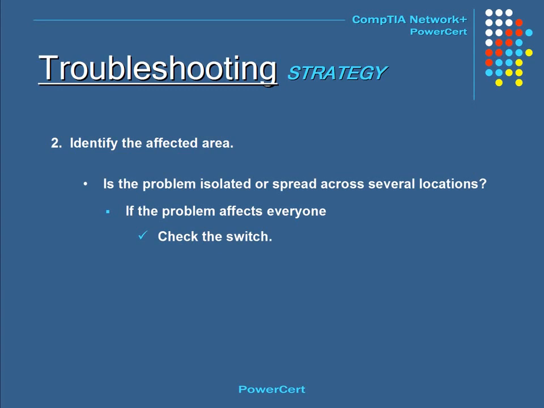And if this device was not working properly, it would affect everyone. Or what if the problem was isolated at one particular computer? Then in this case, we would not check the switch. But a good place to start is that we would check the cable and connection for that particular computer. So when this step is done correctly, it will dramatically cut down on the diagnosing process and save a lot of time.